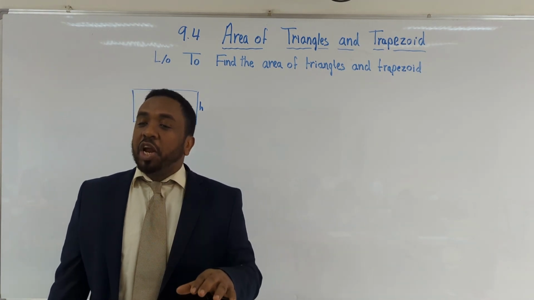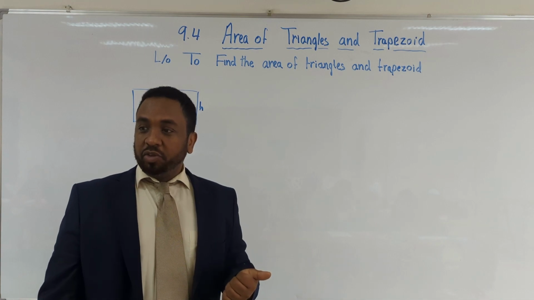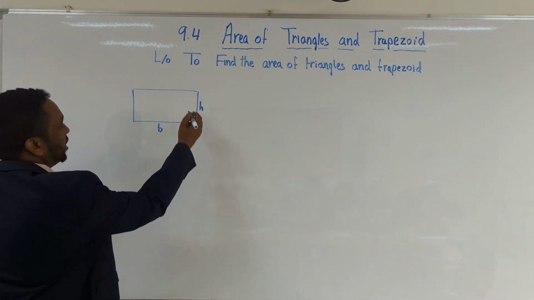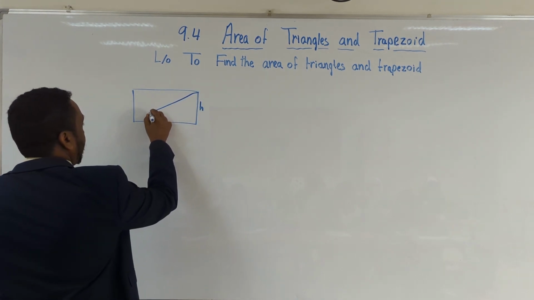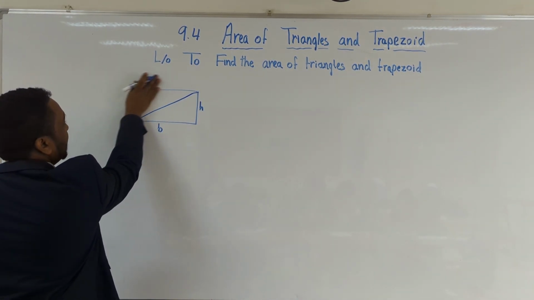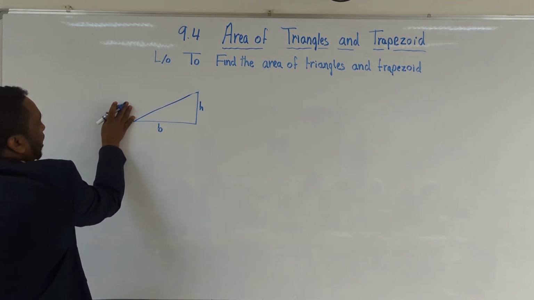Now, let me tell you one thing about the triangle. Every triangle is half of what? Of a rectangle. So let's make a triangle out of this. We cut this into half. And what do we call this now? A triangle. And what is this?